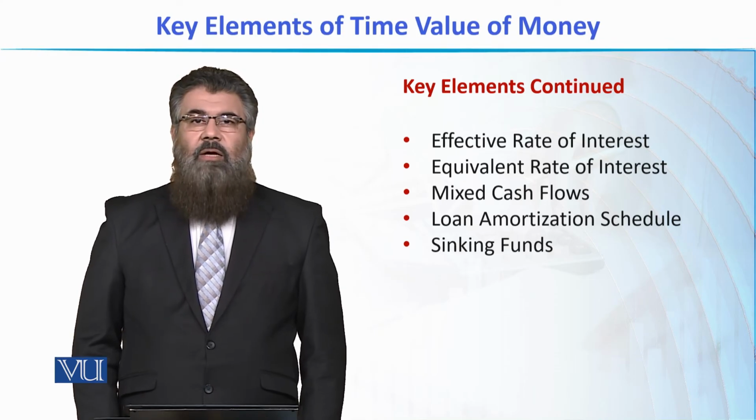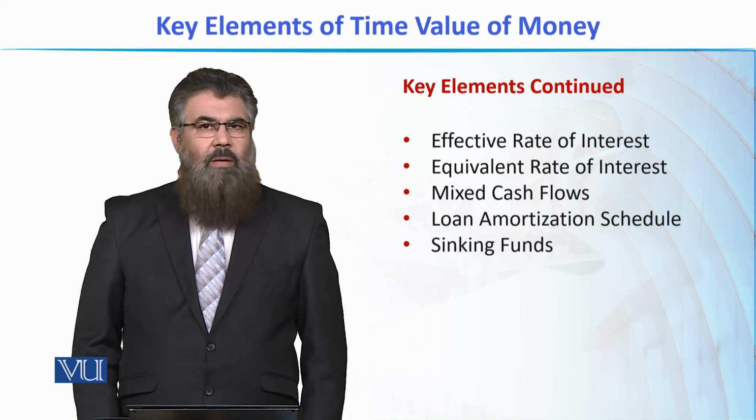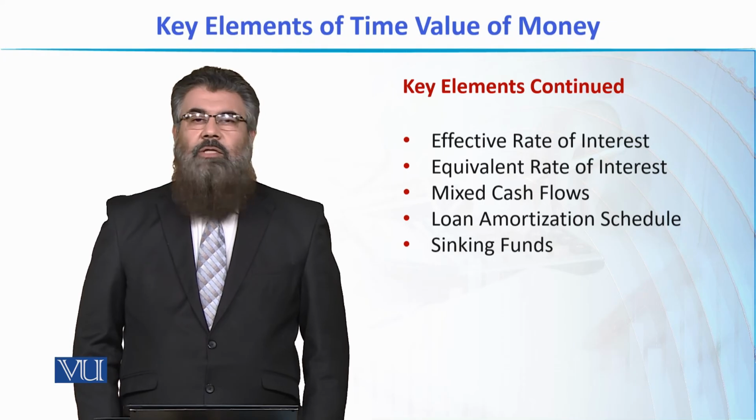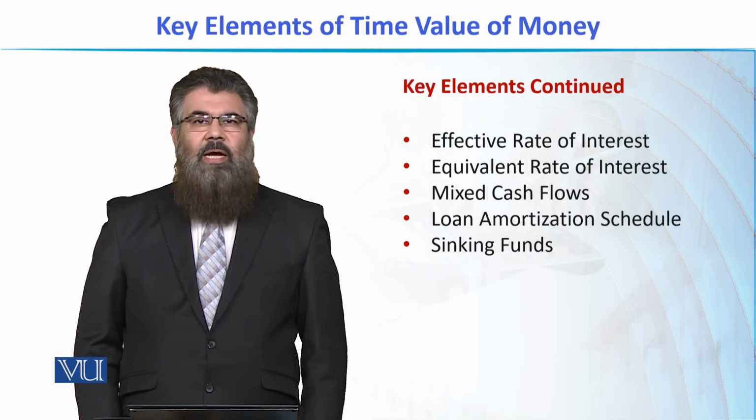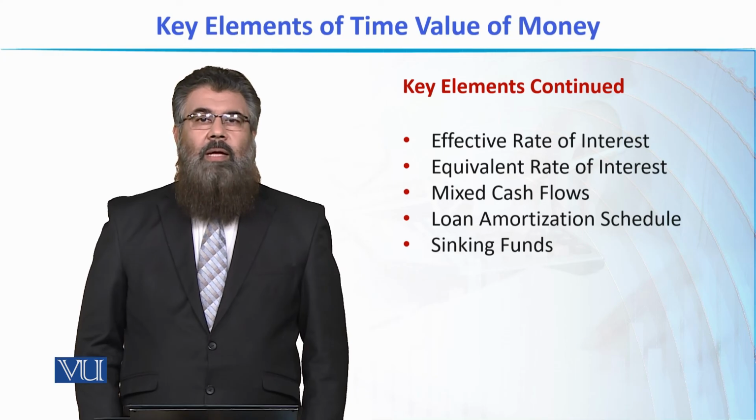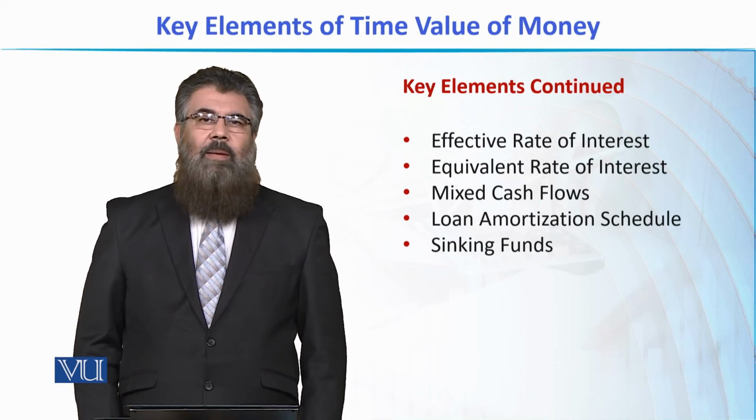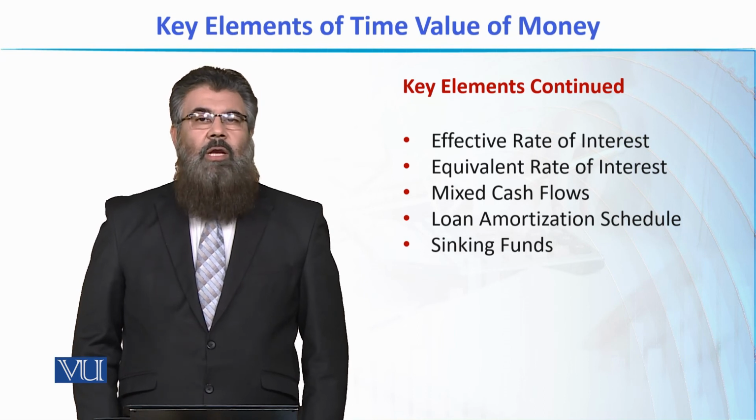Time value of money concepts are also applied to calculate the amount of installment that is to be paid. So a table or a schedule that gives us the amounts of interest, principal repayment, balance and the amount of installment is called a loan amortization schedule, and we also discussed various applications and uses of loan amortization schedules.